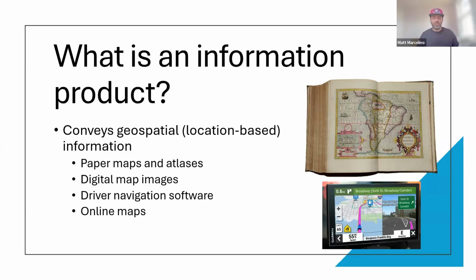A good example is paper maps and atlases, digital map images, driver navigation software like Apple or Google Maps, as well as interactive online maps. Just to reiterate, any product that conveys location-based information could be considered a GIS information product.